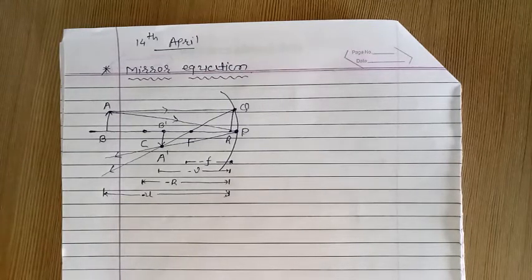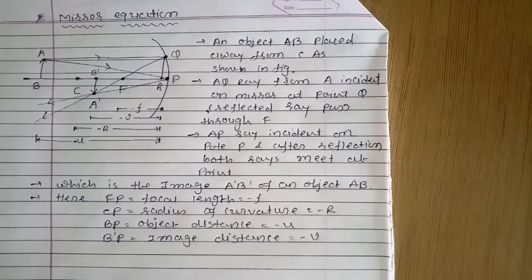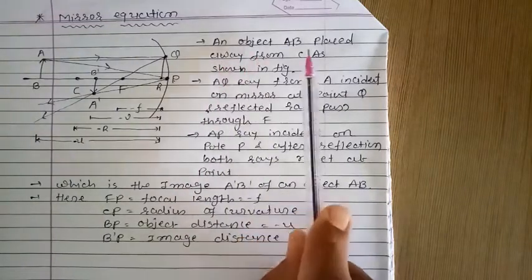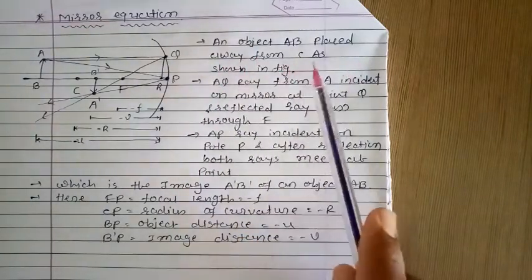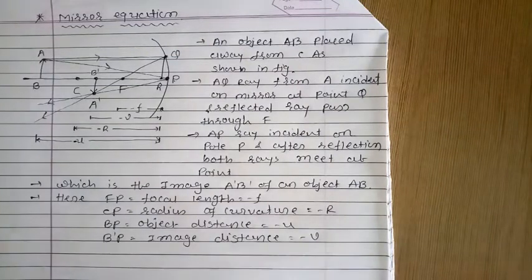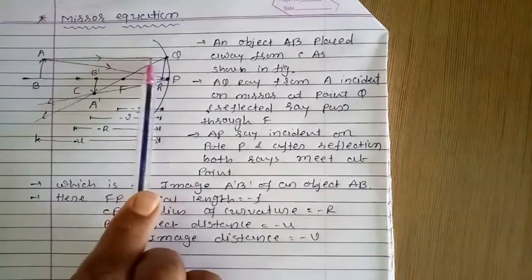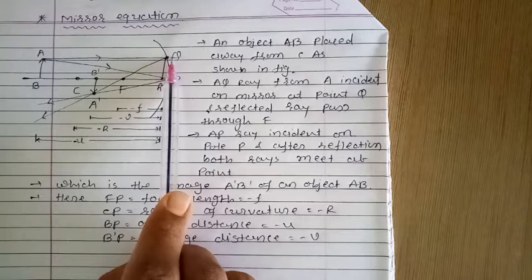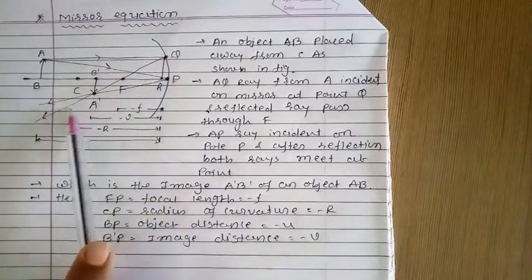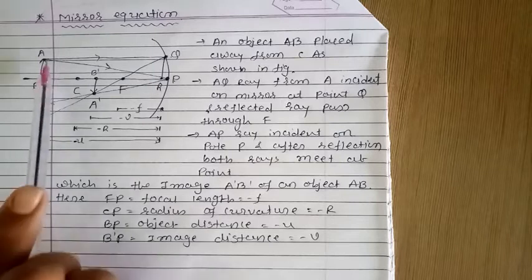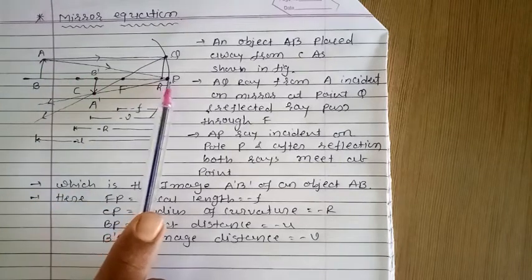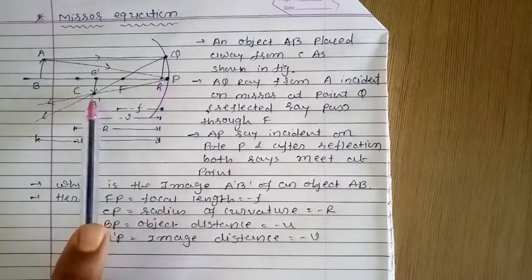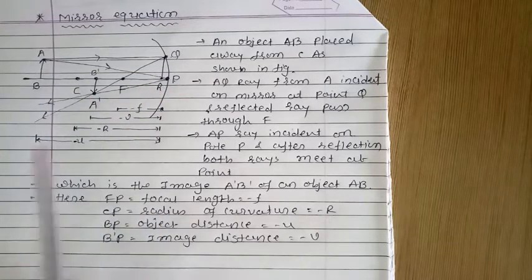Okay, now we write some sentences. As shown in the figure, an object AB is placed away from C. The ray AQ from A is incident on the mirror at point Q and the reflected ray passes through the principal focus F. The ray AP is incident on pole P. After reflection both rays meet at one point, which is the image A dash B dash of object AB.